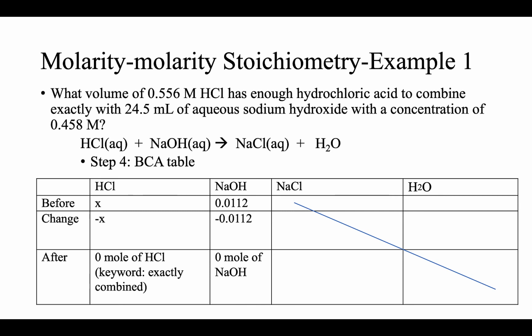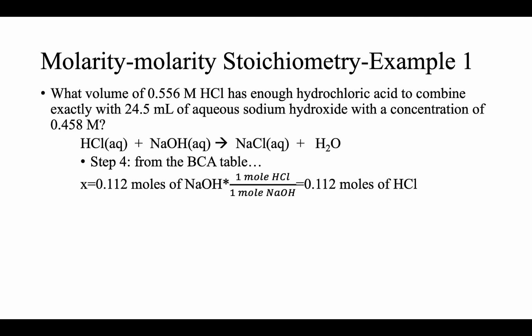The reason why the change has to be minus X is because of the keywords enough and combine exactly. From these two keywords, I know that HCl and NaOH have just the right amount to react completely with each other to form the products. So afterwards, I should have 0 mole of HCl.